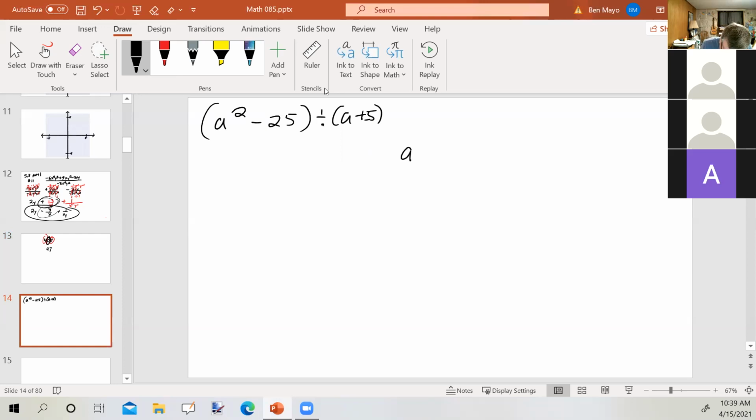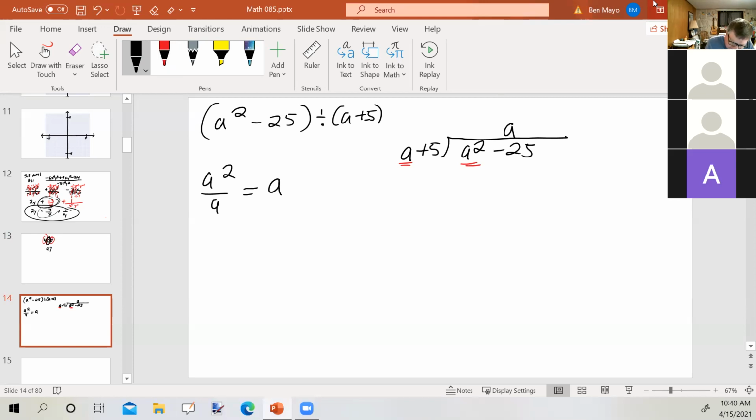So I'm going to have a plus 5 on the outside and a squared minus 25 on the inside, right? Inside, outside, they're both in descending powers of the variables, so we should be good to go. We okay? Yes. All right. So the next step, we take the leading term inside divided by the leading term outside. So we take a squared divided by a, which is a to the first power. Let's see, we'll just put it up here somewhere, a.